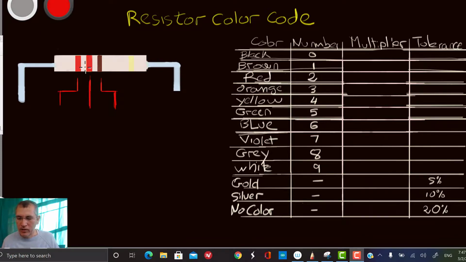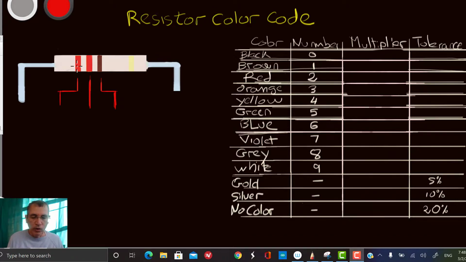The first column gives you the color, either black, brown. Black is number 0, and the column next to it is the code number for that specific color. Let me explain how it works.